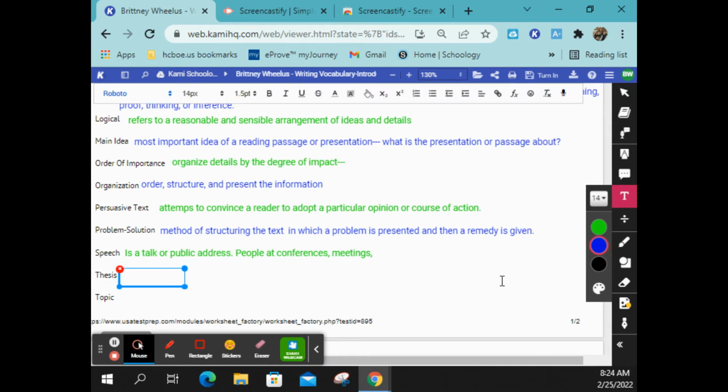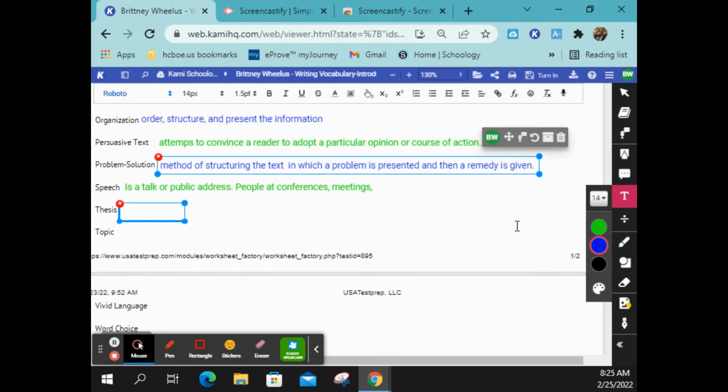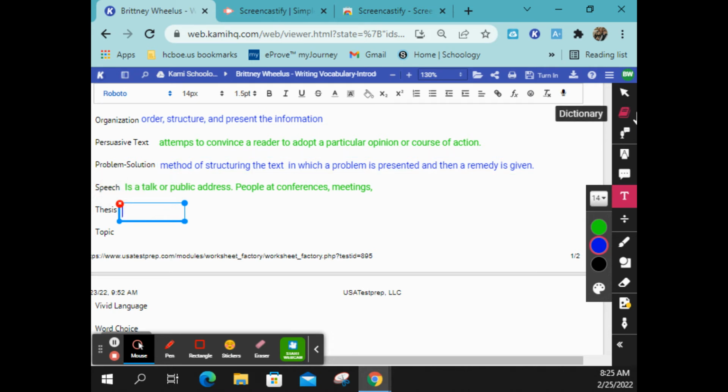All right, a thesis. Can you scroll up like a lot? Yep, right there. Can anybody remember going over a thesis earlier in the year?